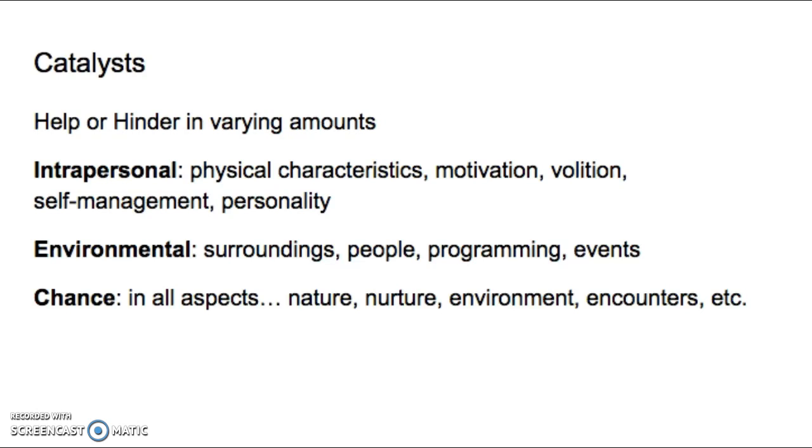Their family size, parental support at home, socioeconomic status, the presence of opportunities for acceleration in the school, and the opportunity for ability grouping within the school. That would be programming in their environment. Also, events such as illness, recognition, or loss of a family member are all environmental catalysts.